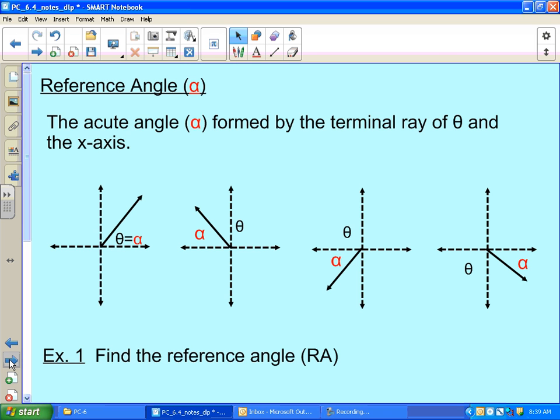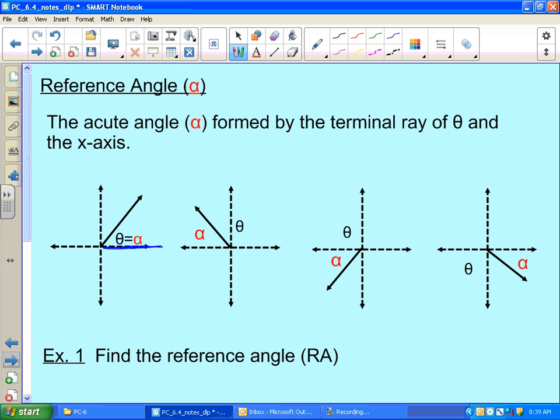All right, so here, big concept here to understand is this idea called a reference angle. A reference angle is an acute angle, so it's between 0 and 90, that is formed by the terminal ray of theta and the x-axis. So let's refresh: our initial ray is in standard position.